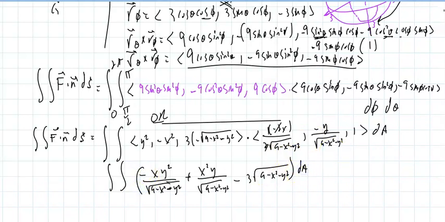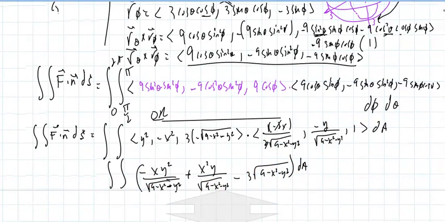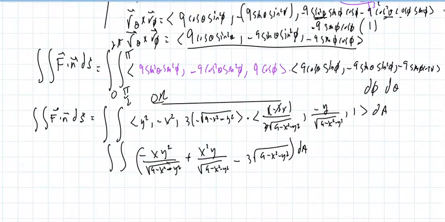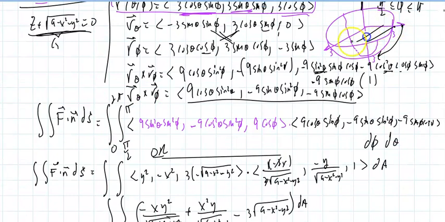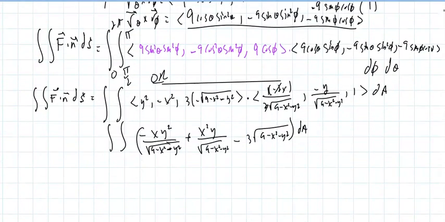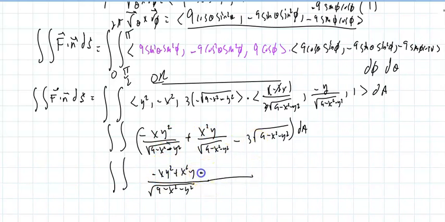And how do you think we're going to work that out? So remember A. A is a circle with a radius of 3. Well, that is the double integral. If I combine those, that is 9 minus x squared minus y squared underneath the radical. So those combine, that's negative xy squared plus x squared y. And if I multiply that minus 3, 9 minus x squared minus y squared dA.